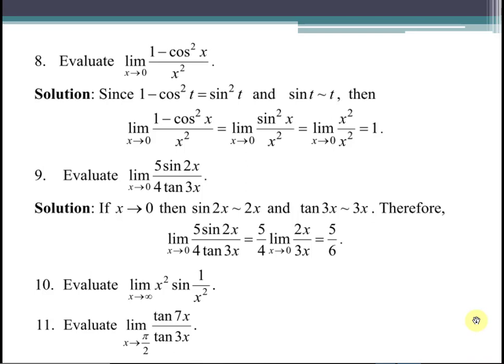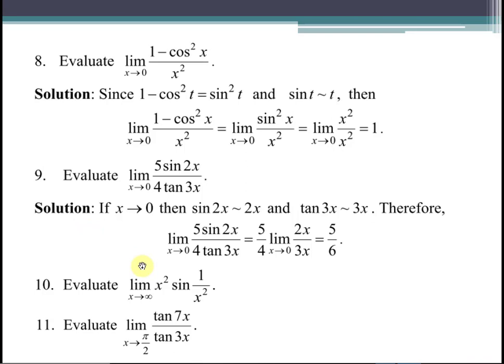We have 1 minus cosine squared t, it is sine squared t. And the sine equals t, we know it. Now, if we replace, we get this limit in the middle, limit as x tends to 0 of sine squared x over x squared. And if we use the first fundamental limit, we get the answer 1.